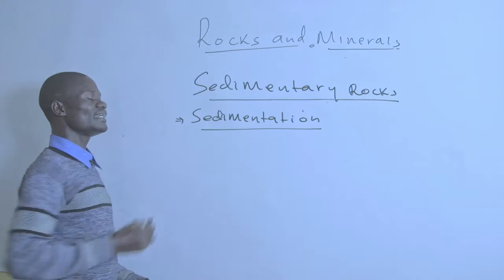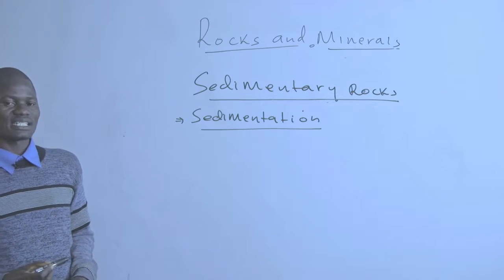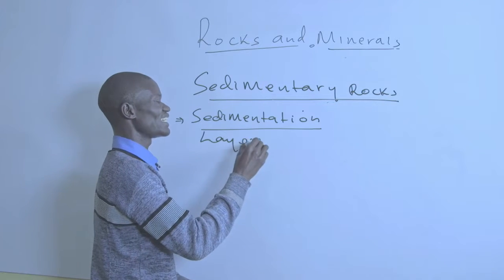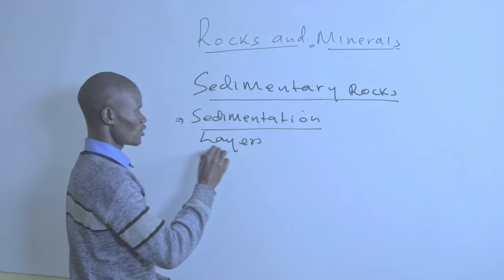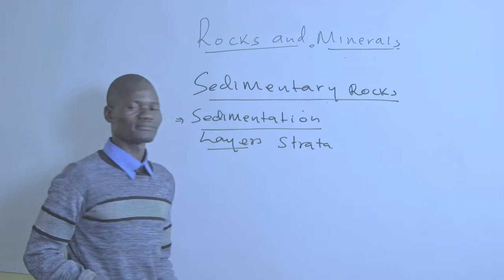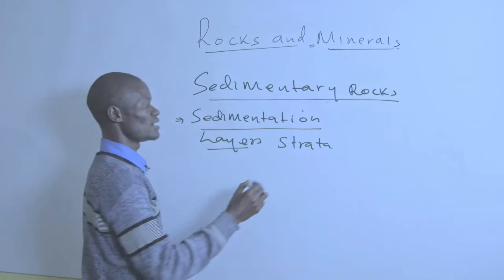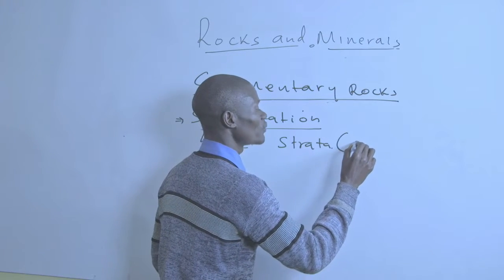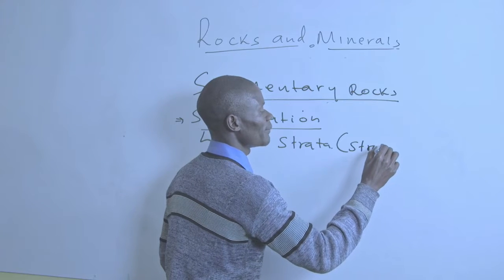Now, as they form in the process of sedimentation, most of them are found in layers, which are also referred to as strata. If they are many, but if they are single or one, we call them stratum.